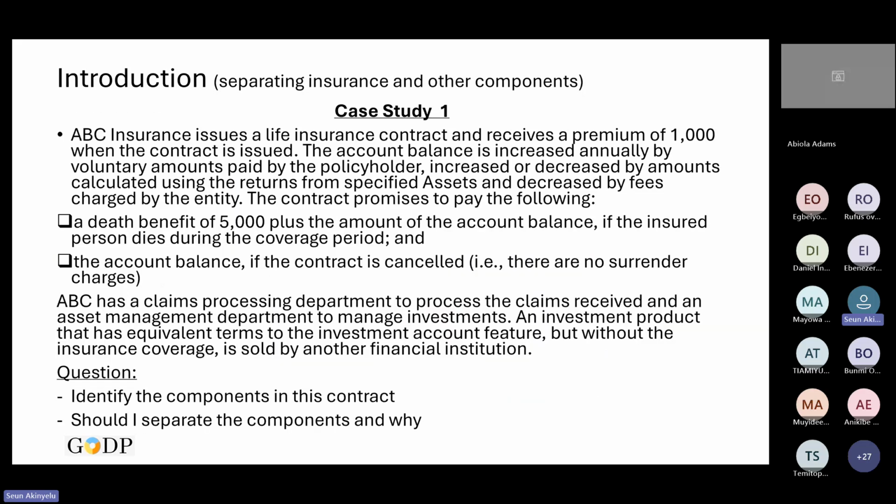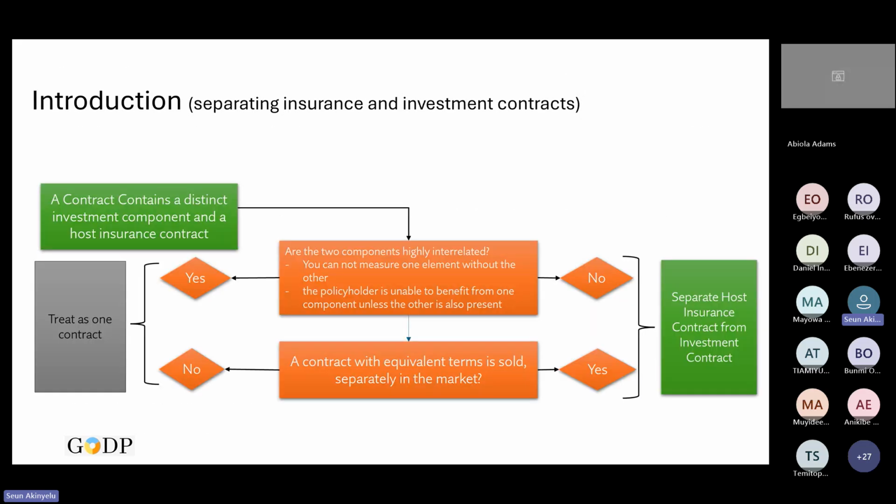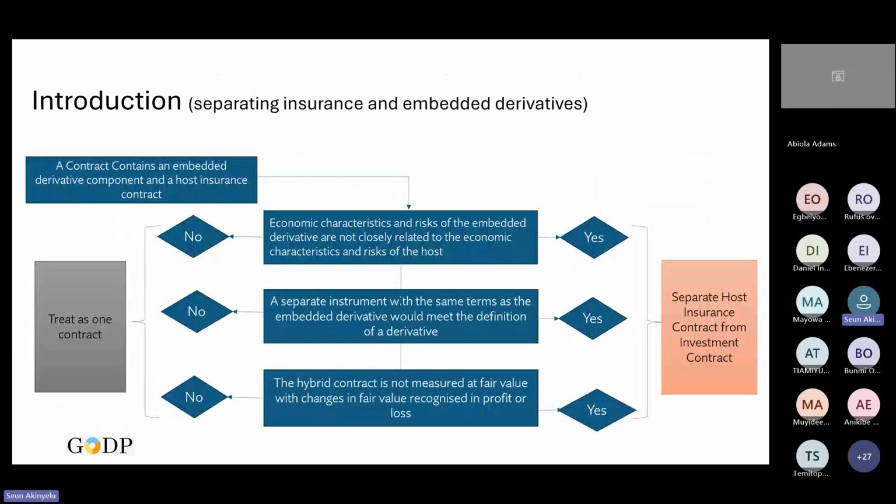It has failed the second one. The two, which is that it must not be highly interrelated and there must be an investment contract without the insurance component sold, must both apply for you to separate it. So we will treat it as one contract rather than breaking it in this particular example.